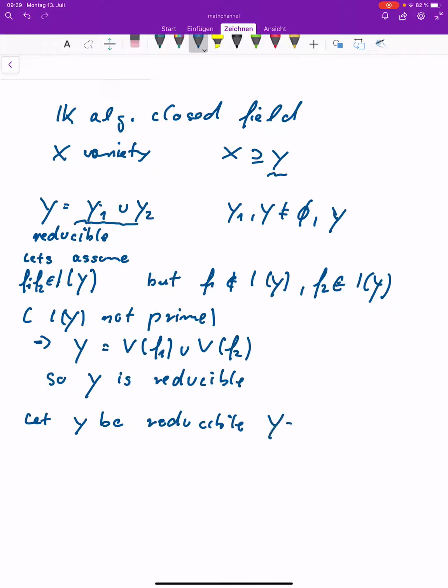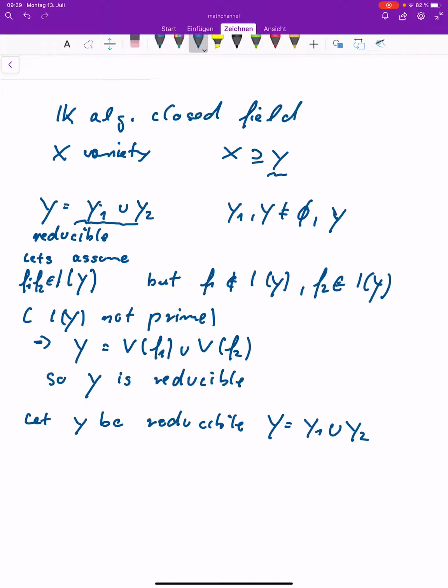So Y is by definition a union of two non-empty proper closed subsets Y1, Y2.